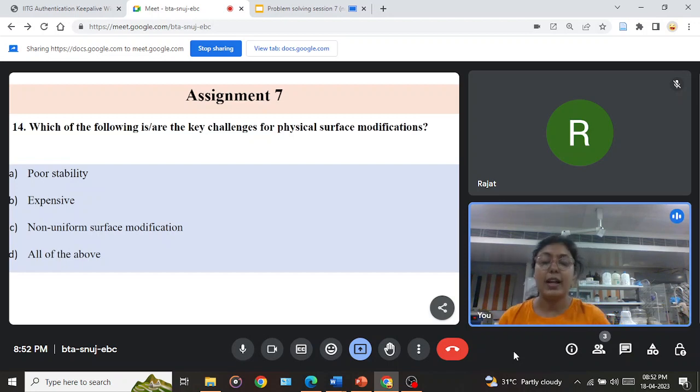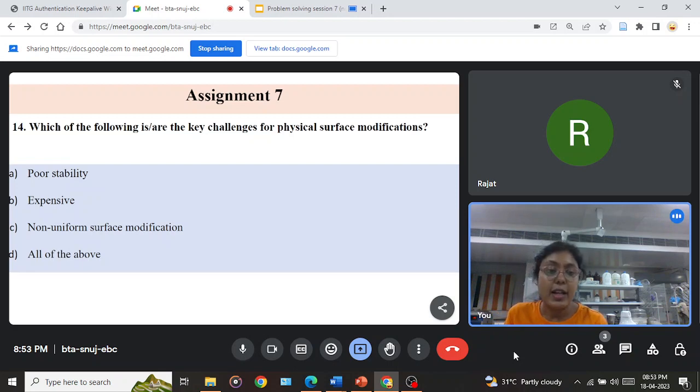Also, it has been seen that when we do these physical modifications, it results in a non-uniform surface modification. If there is a non-uniform surface modification, there will again be poor stability, right? So poor functionality or poor stability of the modified surface.